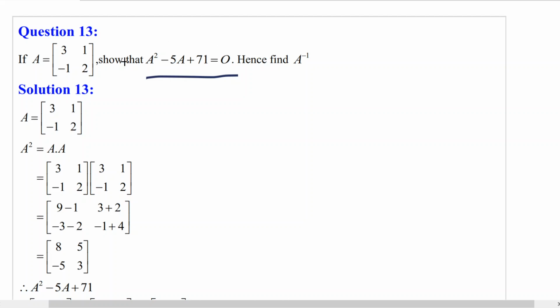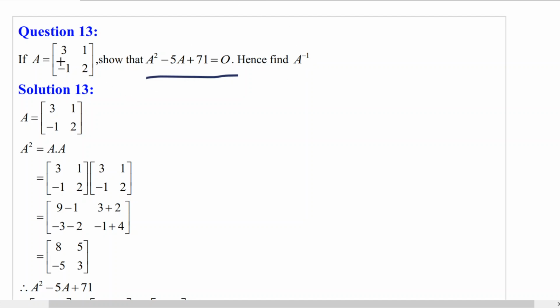So what is the quality of this equation? Simple. If you put the value of A in this equation, this A will satisfy it. Okay, and with the help of this characteristic equation we will find A inverse. So whenever it is said hence find A inverse, it means by using this equation you will find A inverse, not by the previous method.